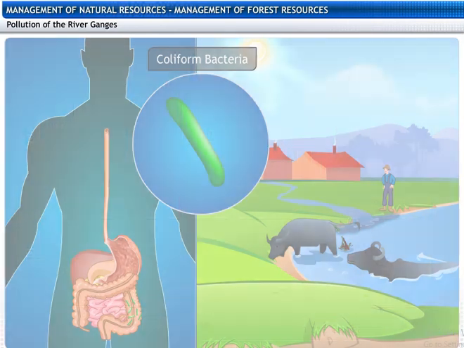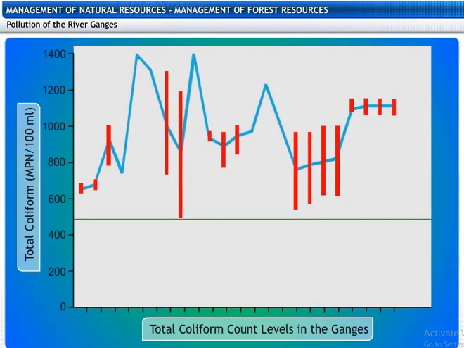This graph shows the total coliform count levels in the Ganges that quantifies the pollution in units called the most probable number or MPN. To overcome the poor quality of water, in 1985, the Ganga Action Plan came into existence.